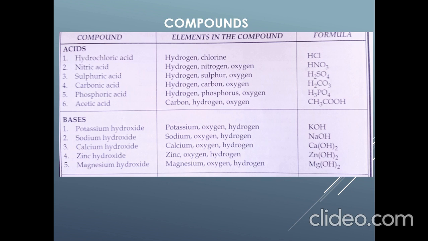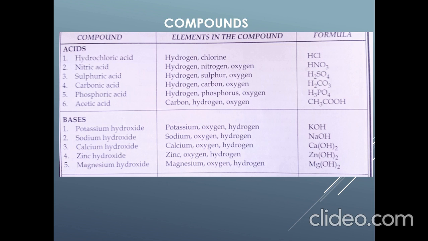Sodium hydroxide: sodium, oxygen and hydrogen, formula is NaOH. Potassium hydroxide and sodium hydroxide are both used in soap. Calcium hydroxide consists of calcium, oxygen and hydrogen, Ca(OH)2.